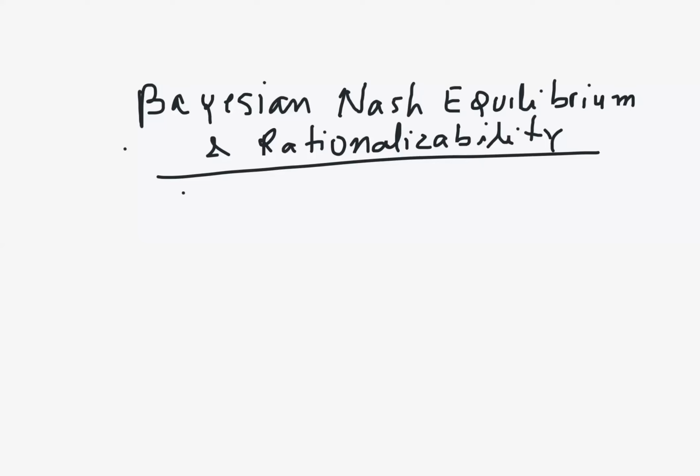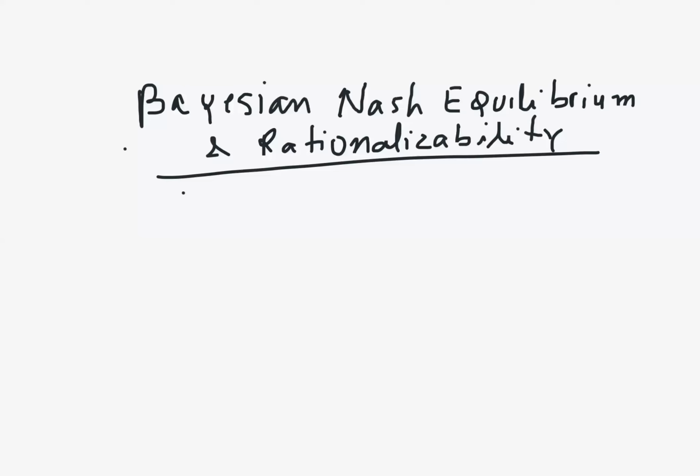So in this video, we're going to look at the Bayesian Nash equilibrium and rationalizability concept. In the previous video, I discussed how you can convert an extensive form game in incomplete information into a Bayesian normal form game.